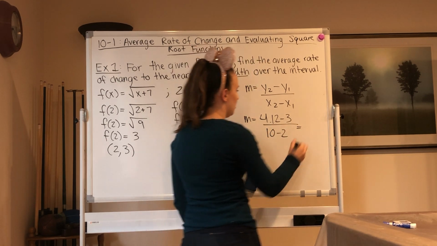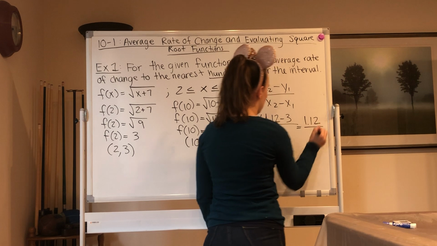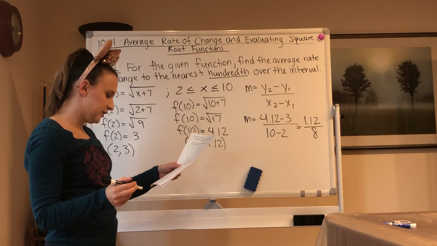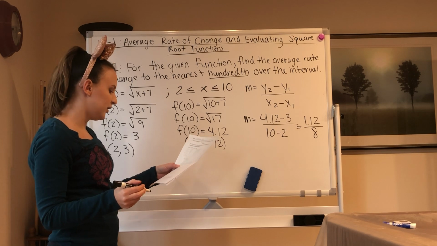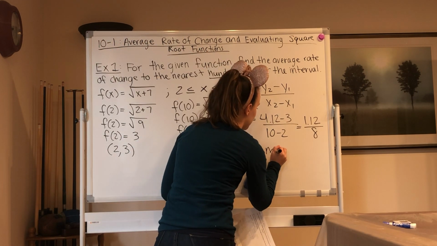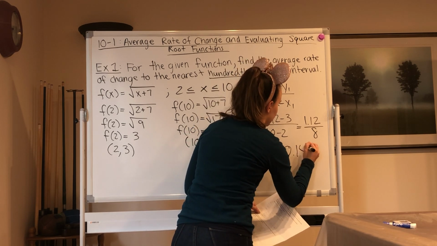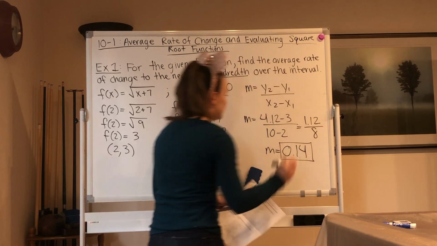That is 1.12 over 8. And if you put that in the calculator, you get m equals 0.14. Rounded off. Rounding to the nearest hundredth.